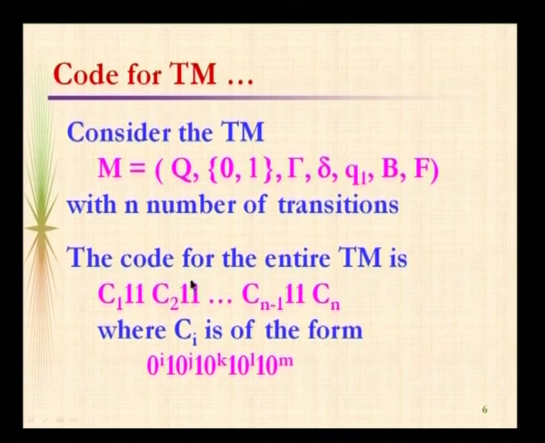Then followed by C2, once again 2 consecutive ones, then C3, and finally Cn as the last transition. It looks like a single binary string with zeros and ones, but it is possible to read it as a number, which is some position in the lexicographic ordering of strings over the alphabet 0, 1. So, we will get a number as output.